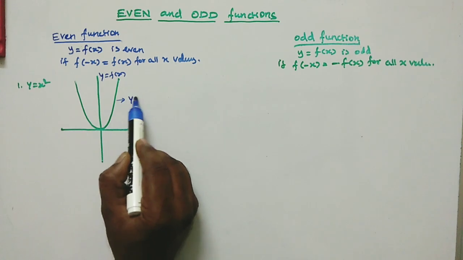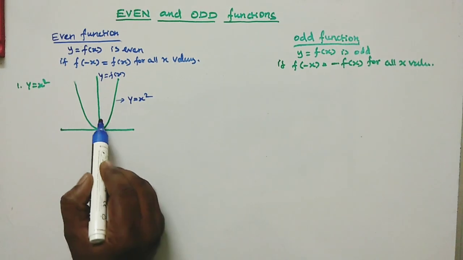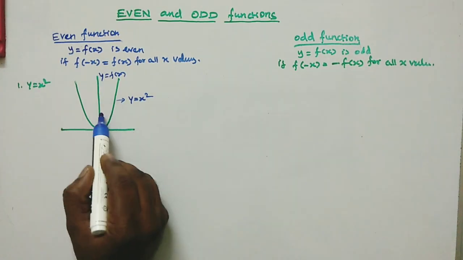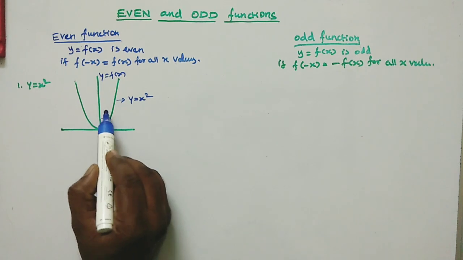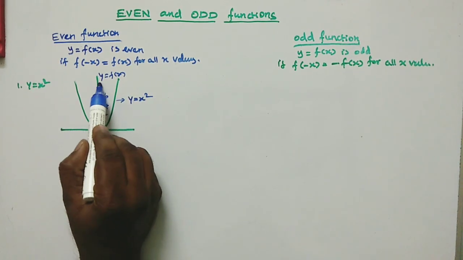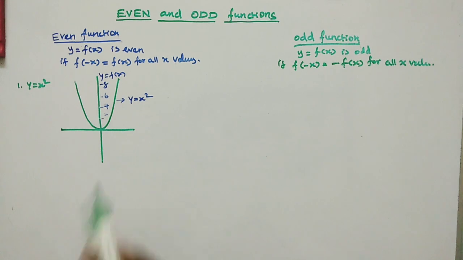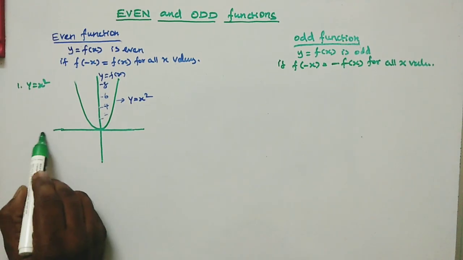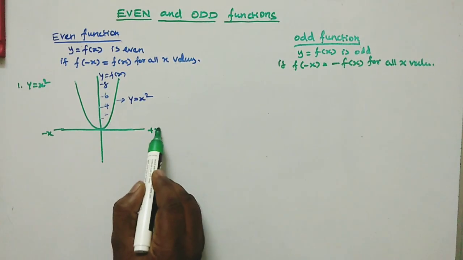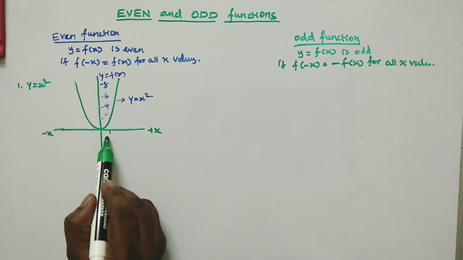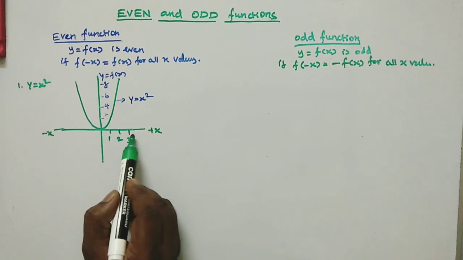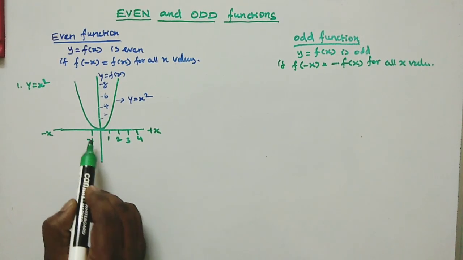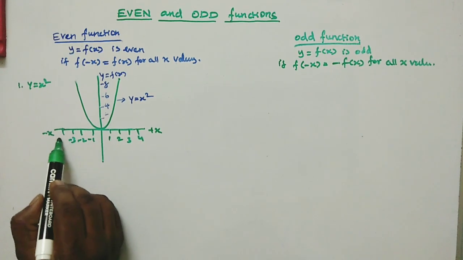This curve is y equal to x square, and this y axis represents the even function 2, 4, 6, 8. And here minus x, this is plus x. We put the readings 1, 2, 3, 4, similarly minus 1, minus 2, minus 3, minus 4.